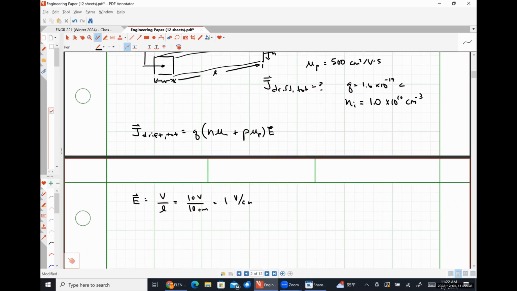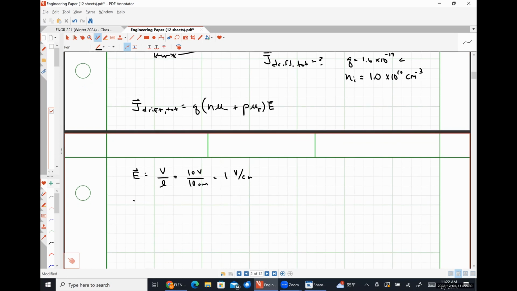So N will be approximately equal to ND, which is 10 to the 15 electrons per cubic centimeter. What should P be? Our hole concentration. Ni squared over ND, right?